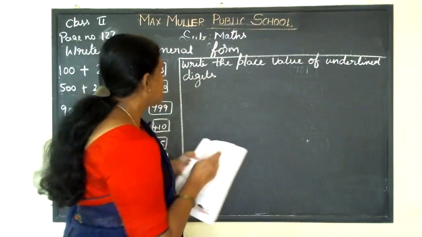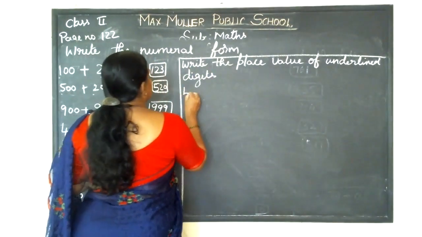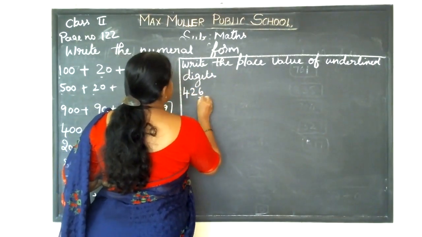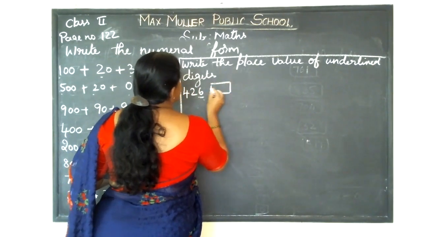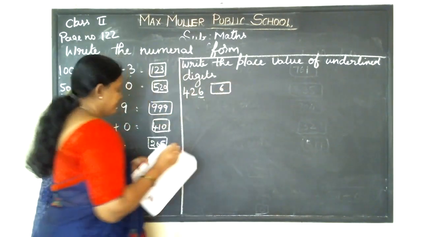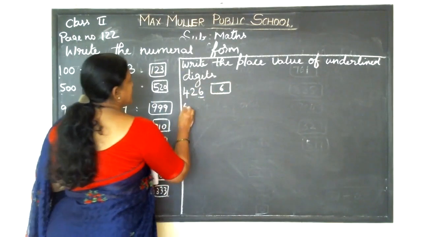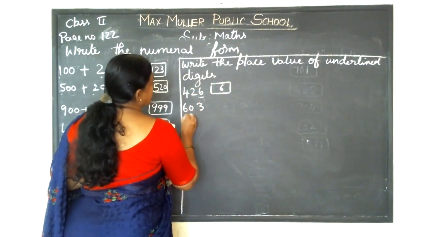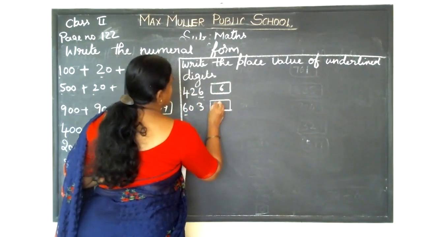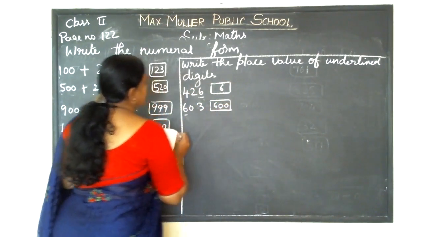Ones place. So you want to write as it is, 426. Want to write 6 is in ones place, so 6. Here 603. 6 is in which place? Hundreds place. So you want to write 600.